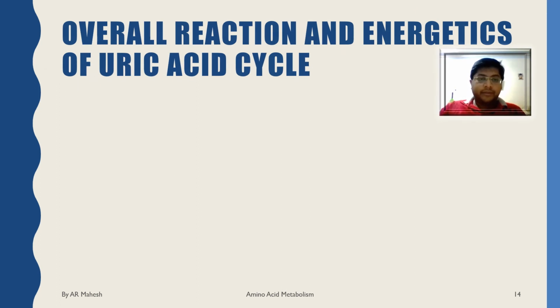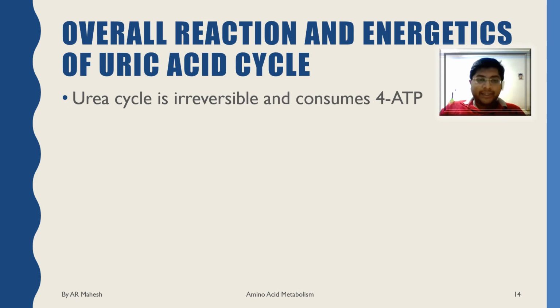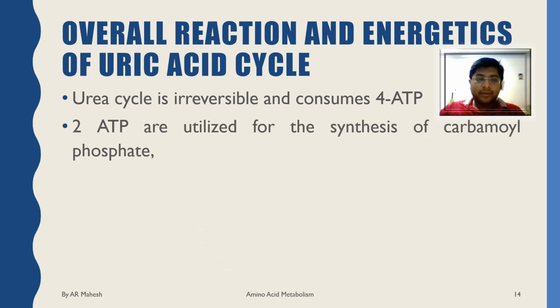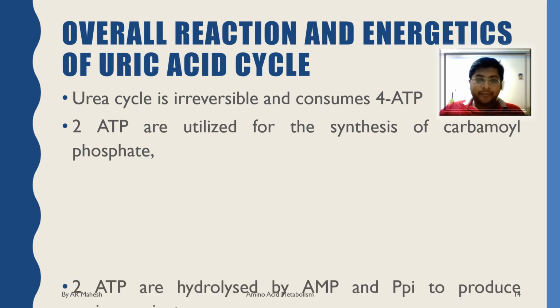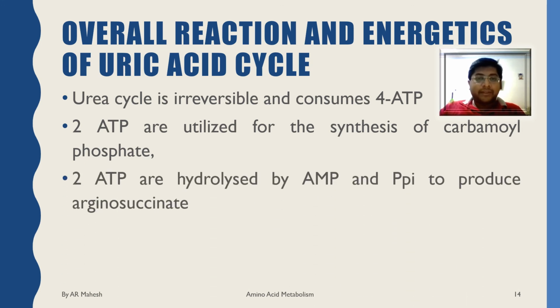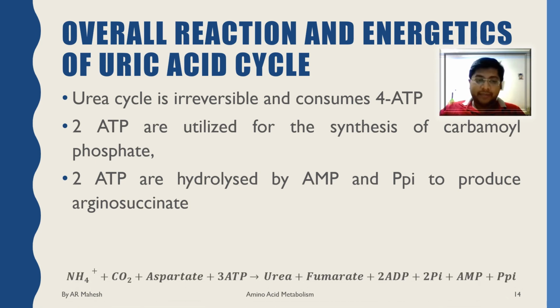The energetics of the urea cycle: the urea cycle is an irreversible cycle and it consumes 4 ATPs in whole. 2 ATPs are utilized for the synthesis of carbamoyl phosphate, and 2 ATPs are hydrolyzed to AMP and pyrophosphate to produce argininosuccinate.